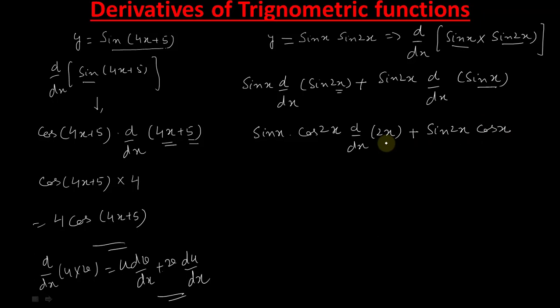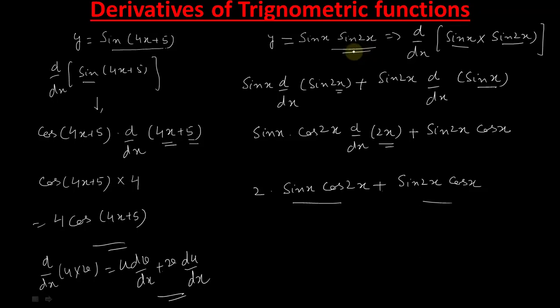Now the derivative of 2x is 2, so 2 will come ahead: 2 sin x cos 2x plus sin 2x cos x. So that is the answer for the derivative of sin x sin 2x. It is quite easy, as I have told you. These questions are really easy.